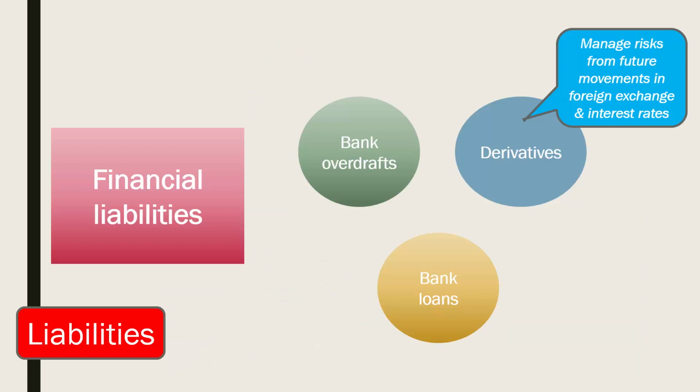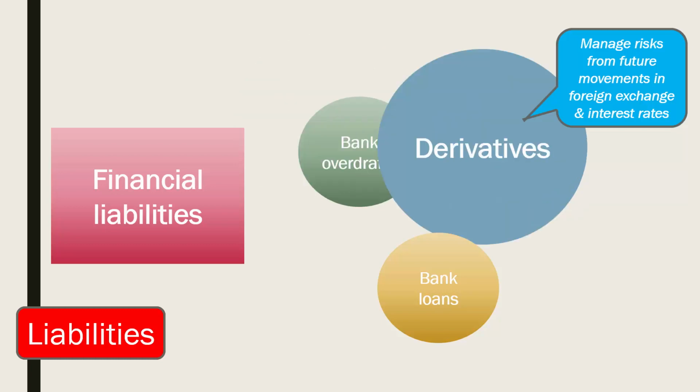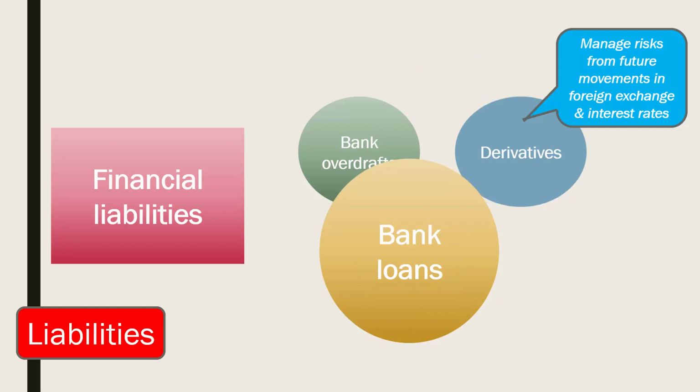Financial liabilities can include various types of interest-bearing loans and borrowings, including bank overdrafts, various forms of derivative financial instruments, such as interest rate swaps, as well as short-term and long-term bank loans.